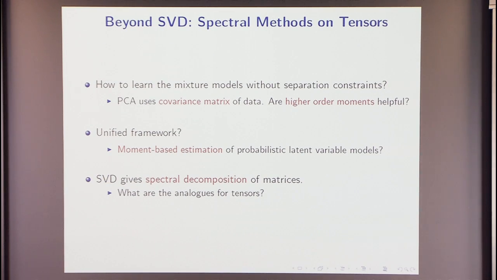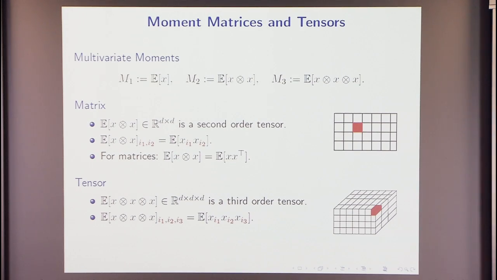But what we'd like to see is, can we go beyond to tensors? Right, PCA and CCA only work on pairwise relationships. Can we think about higher order moments, and can we decompose them efficiently to learn parameters of a wide range of probabilistic models? And indeed, we can think of representing these higher order moments, and that's where the tensor framework comes up.